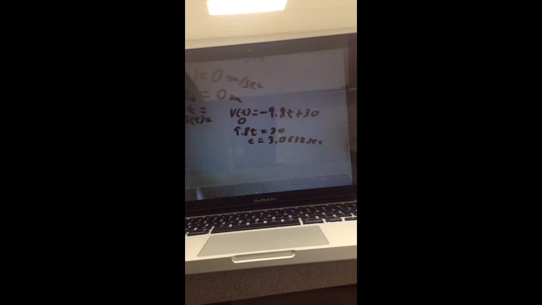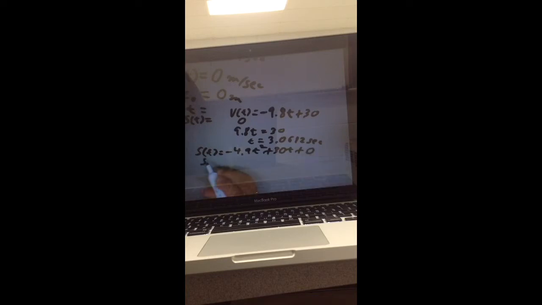And my S of t equation says that S of t is going to equal half of that value, which is negative 4.9t squared, plus 30t, plus the initial height, which is 0.